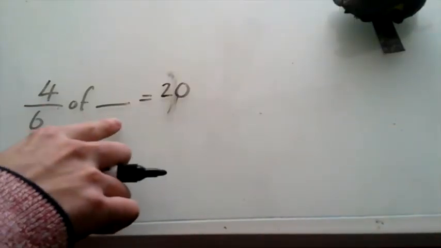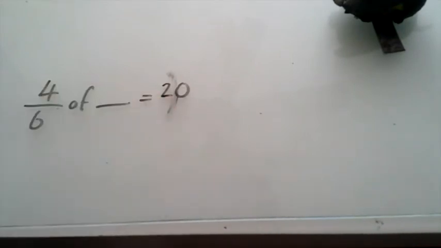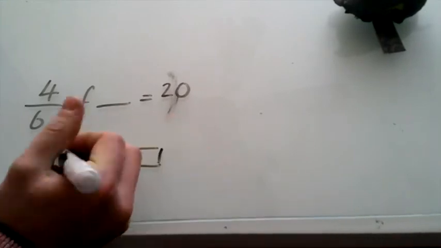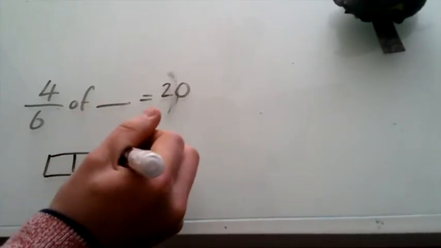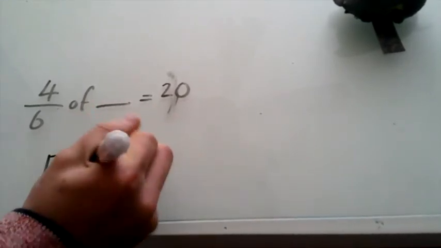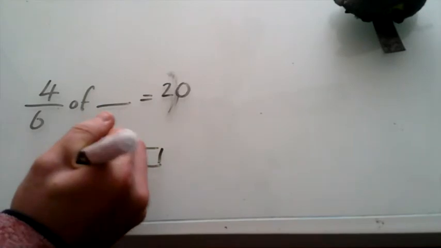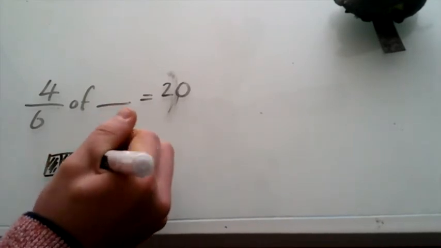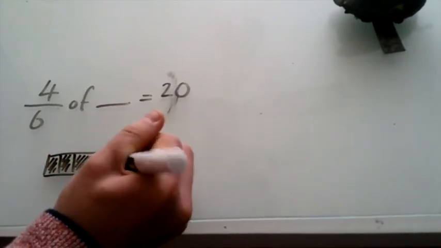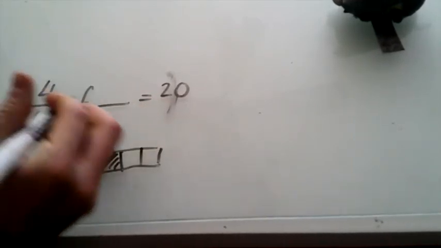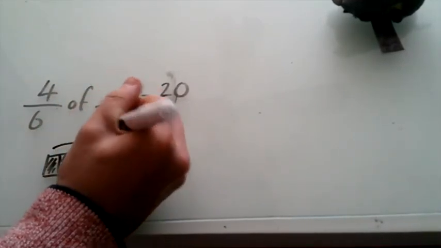We've got 4/6 of something equals 20. So if we think about our bar model, we've got this split up into 6 equal parts. We know that 4 of these segments equals 20, because 4/6 of something equals 20.